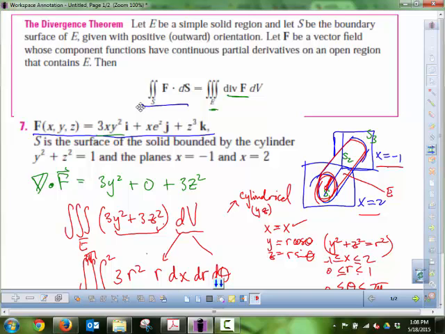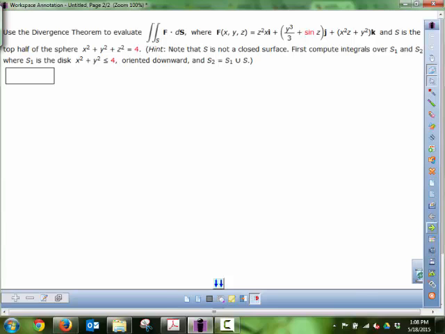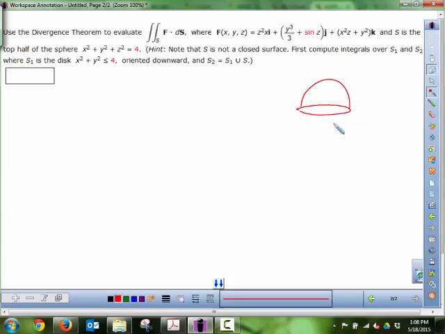Right? If it's not closed, then the solid would ooze out. So we have an issue with this surface in that we can't use Gauss's theorem because the surface is open.